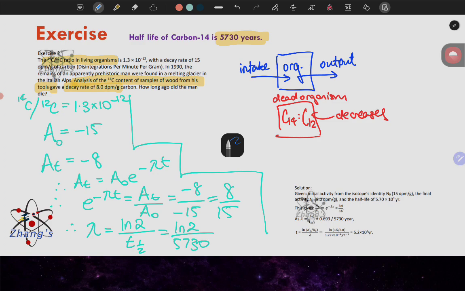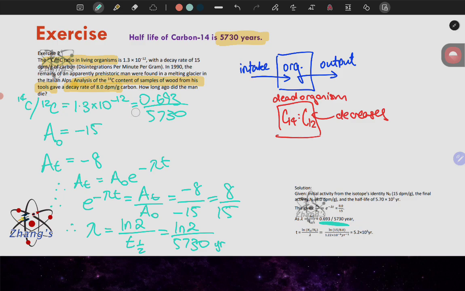So you just have to remember what unit you're using. Here I'm going to remember that my decay constant is in years to the power of -1. So this is going to give me 0.693 on 5730, right? So that is my decay constant.